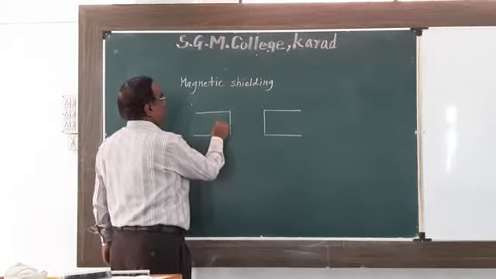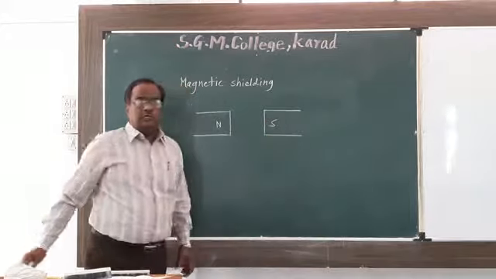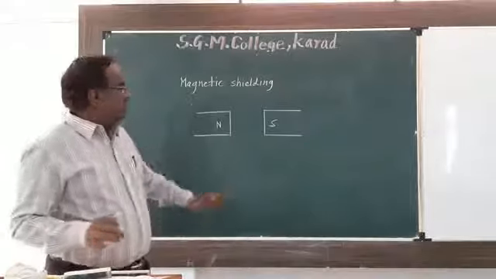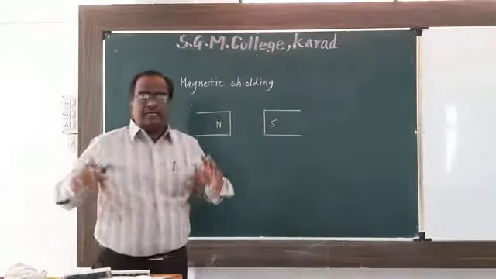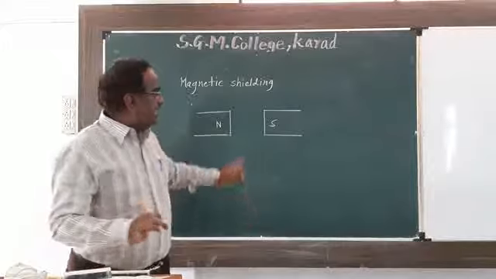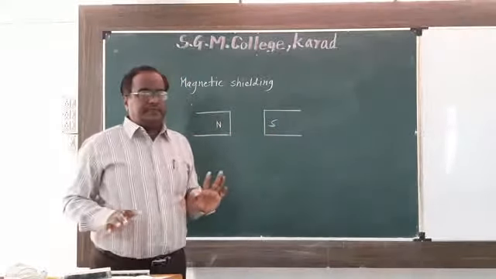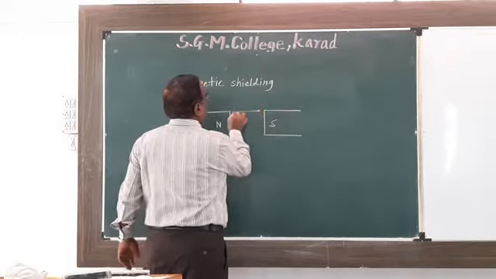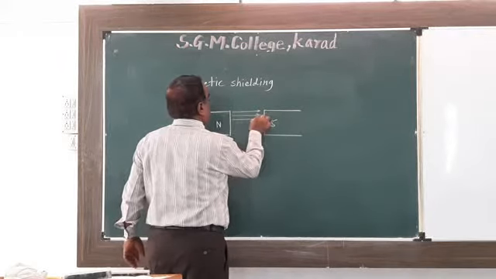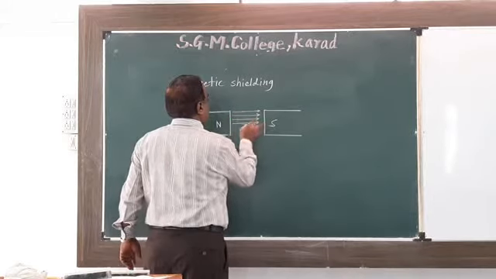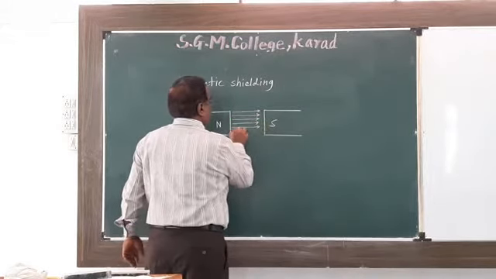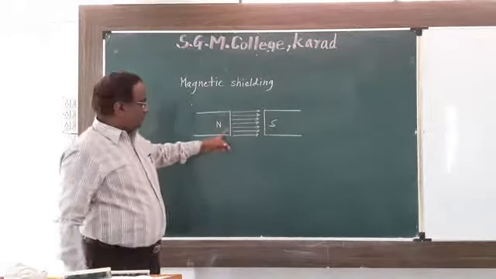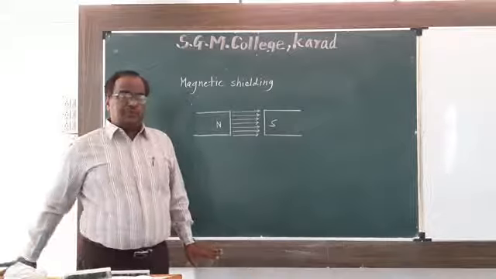We know that when two magnets are kept near, a uniform magnetic field is produced in the gap between these two magnets. So we draw parallel lines. Parallel lines indicate that in the gap between the poles, a uniform magnetic field is produced.